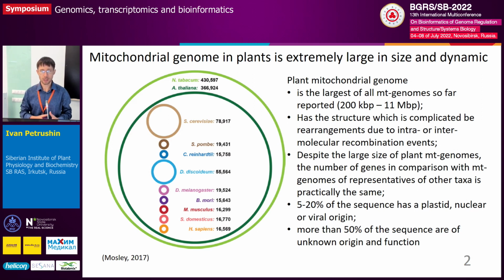Despite its large size, in comparison to other species, it contains the same number of genes. Part of the sequences are imported from plastid, nuclear, viral sequences, and other foreign DNA. Almost half of the sequences of the mitochondrial genome have unknown origin and function.